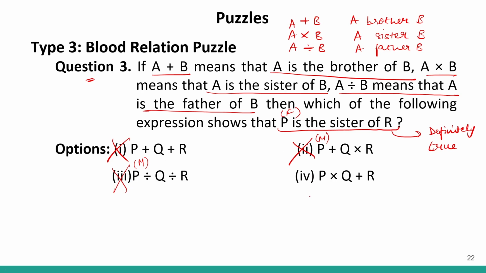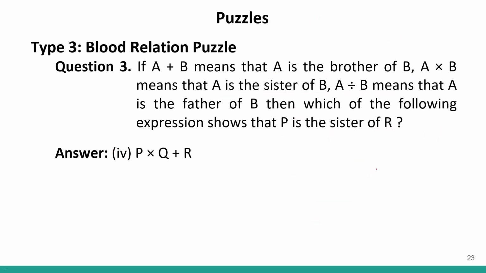Coming to option number 4, we have P into Q. That means P is the sister of Q, so P is female, and Q plus R means Q is the brother of R. R is the sibling of Q, so R will also be the sibling of P. So P will be the sister of R. So option number 4 will be the correct answer to this question.